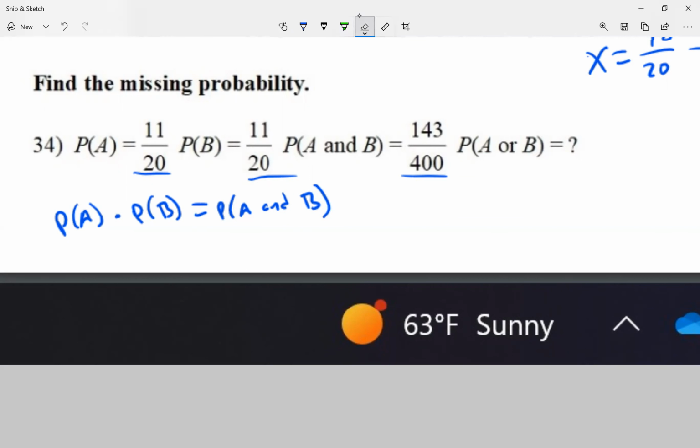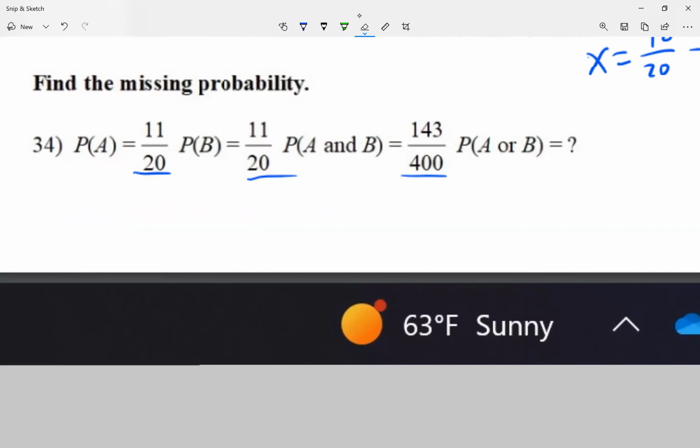No, this is not independent. Okay, so let me use the word or instead. I'm gonna say probability of A plus the probability of B. For right now, let me leave a space. And this is gonna be equal to probability of A or B.